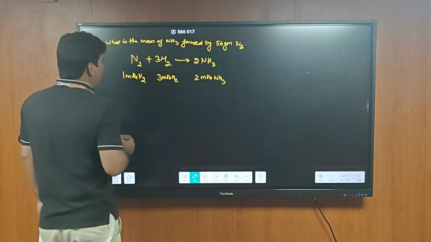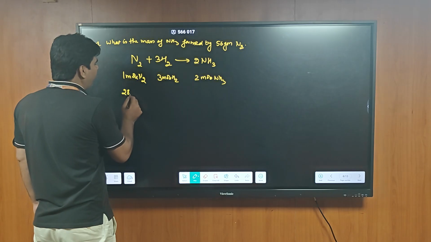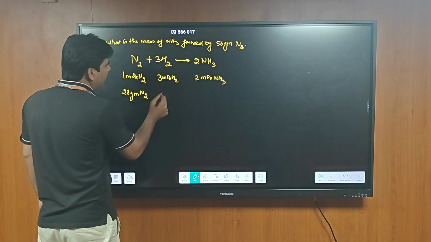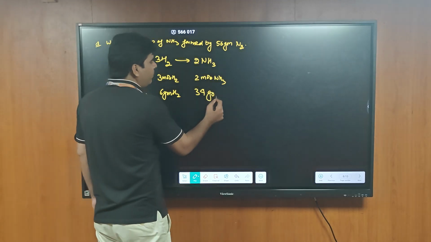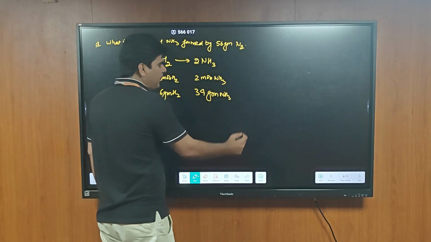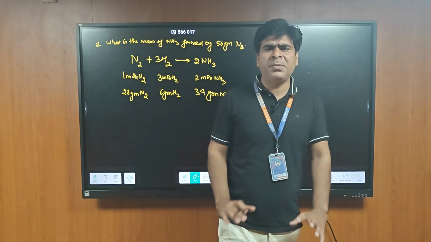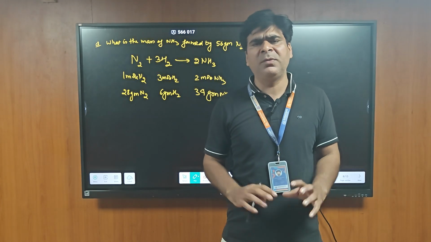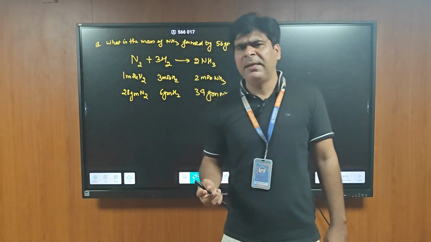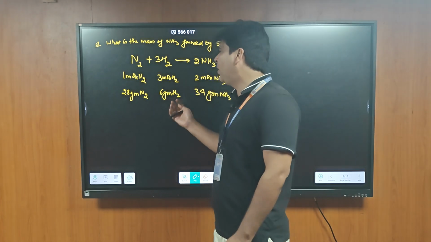Again, in mass language, you can say that 28 gram of nitrogen is reacting with 6 gram of hydrogen and 34 gram of ammonia is formed. Generally, I suggest approaching these questions by mole analysis, because once we get mole, we can get mass and also volume at STP. So it's preferable to solve these questions by the mole approach.